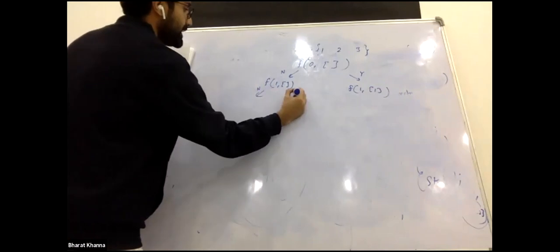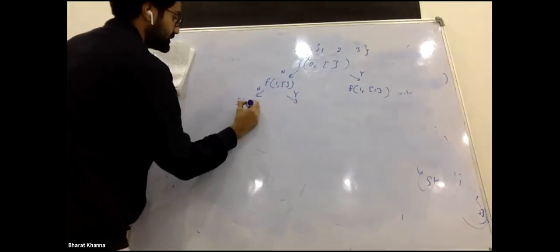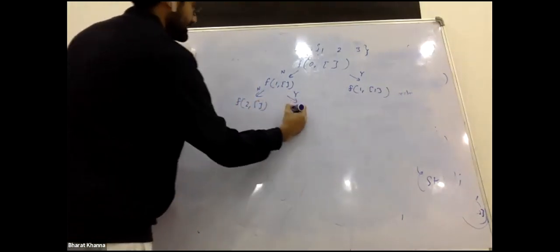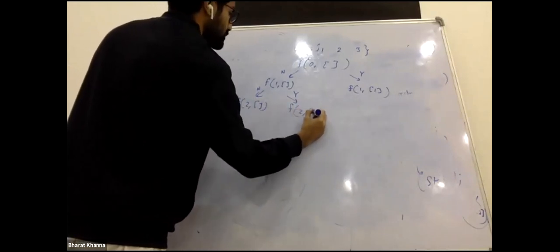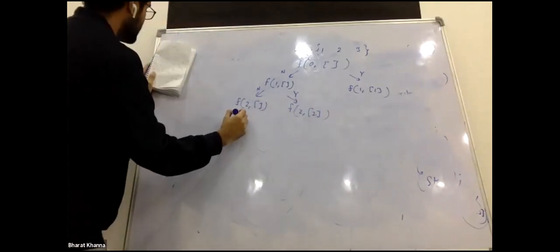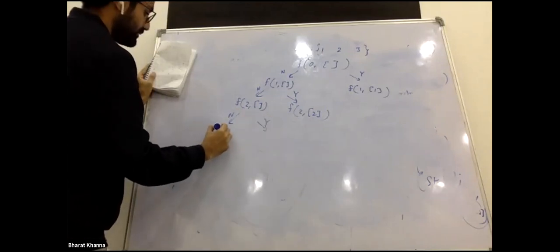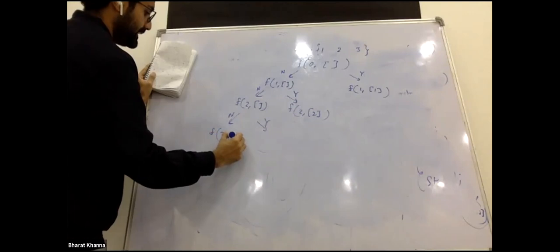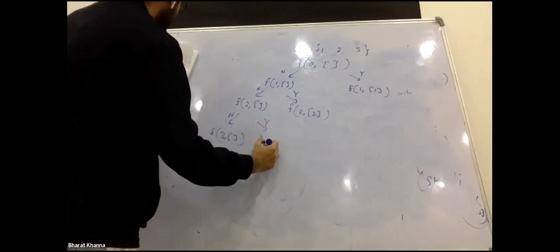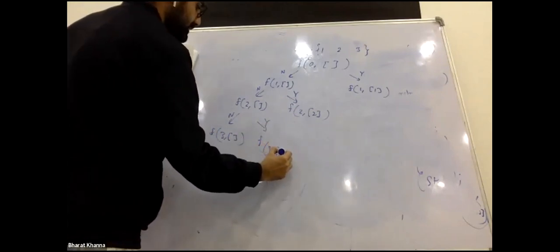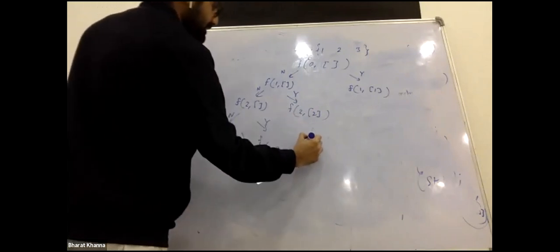I'll draw that very quickly. So that to this, and then a yes transition, again a no and a yes. So of 3 empty, and then again a yes, which is 3, 3. Let me draw for this also.